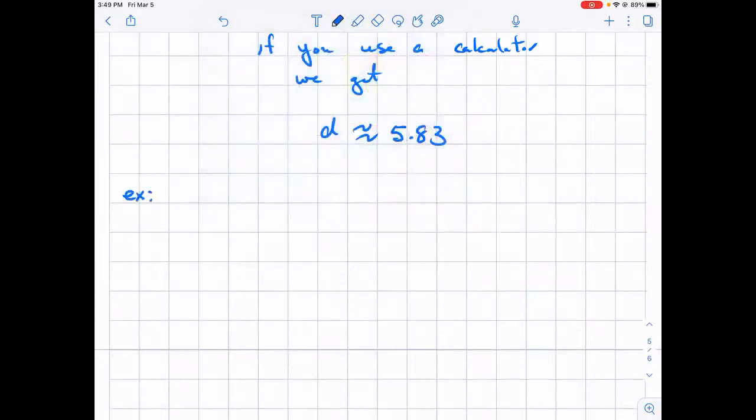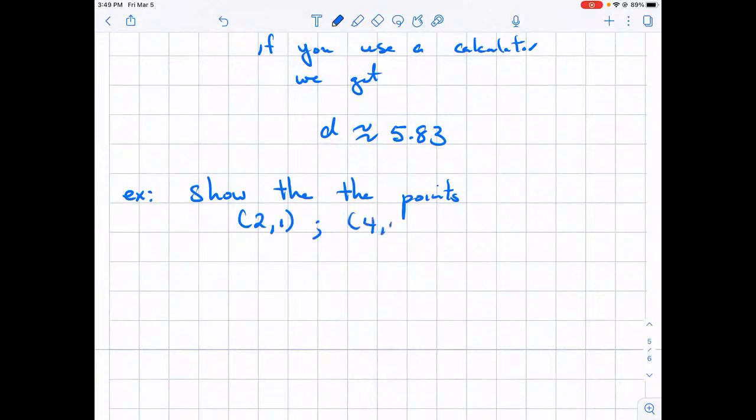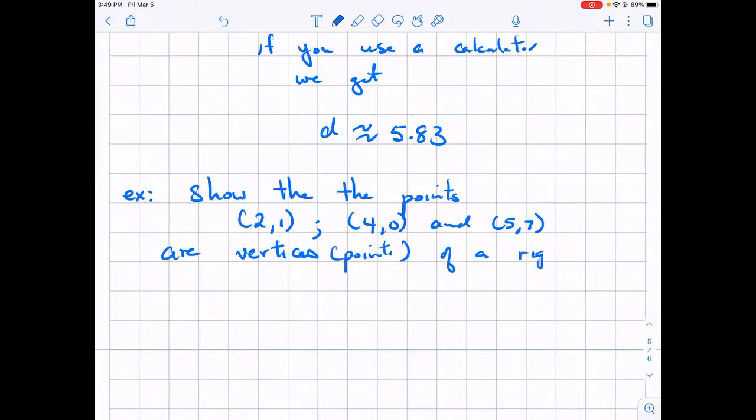I want you to show that the points 2, 1, 4, 0, and 5, 7 are vertices, or points, of a right triangle.